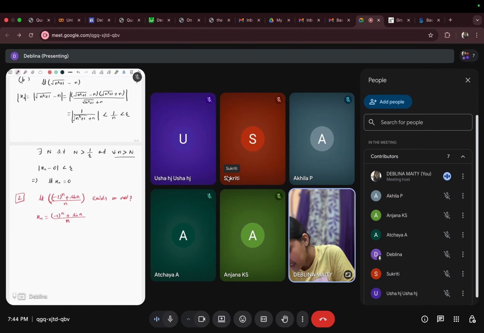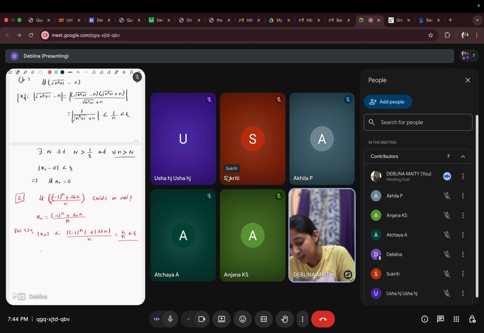So if we take the mod, it will be bounded by this. Minus 1 to the power n is bounded by 1, and sin x is also bounded by 1, so mod of sin n, by n, right? This is bounded by 2 over n. So for epsilon greater than 0, we can find an N for which this is less than epsilon.